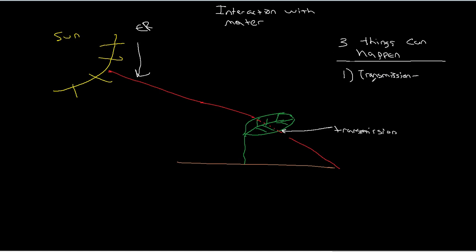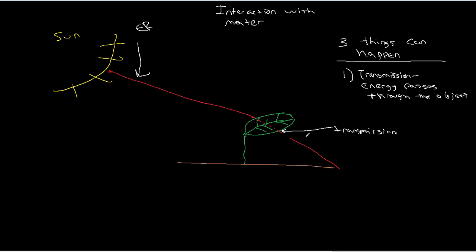Which is the idea that the energy passes through the object. That's the first thing that can happen, is the light can simply just pass right through it.